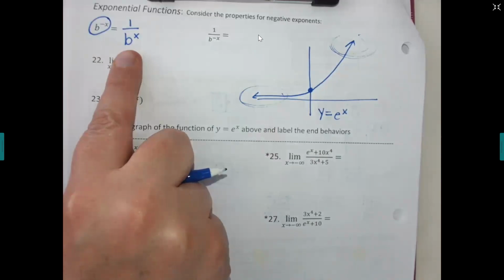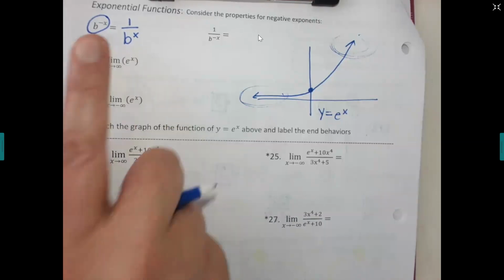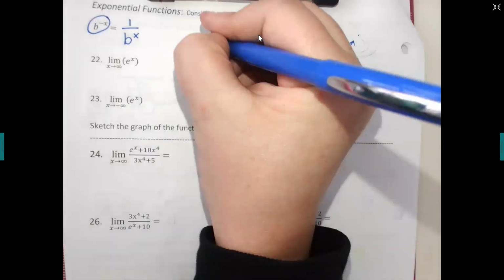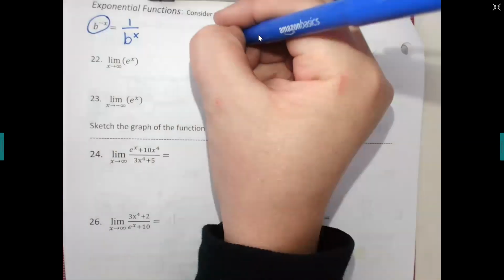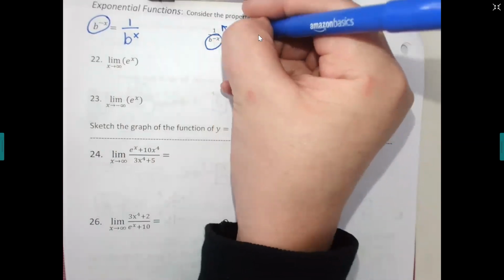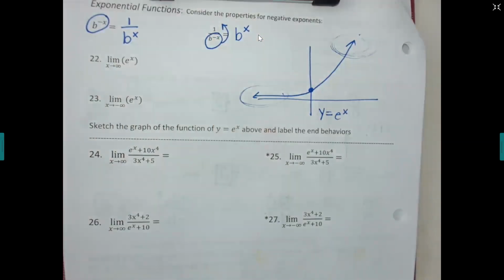Okay, I'll just tell you it's true that if you have a negative power, that means that that term really belongs in the bottom of a fraction. So same thing if it's in the bottom and it has a negative exponent, I can bring it up to the top and it would just be b to the x. So a negative in your exponent is going to slide that term into the bottom of a fraction.